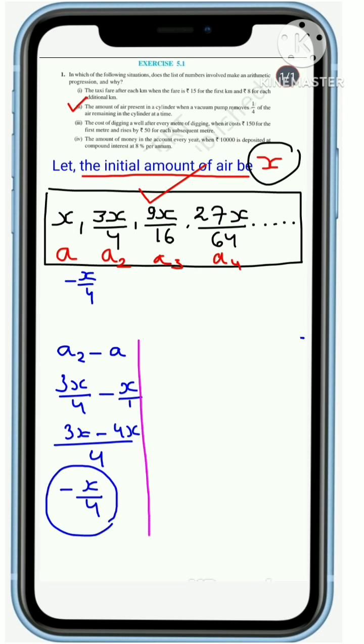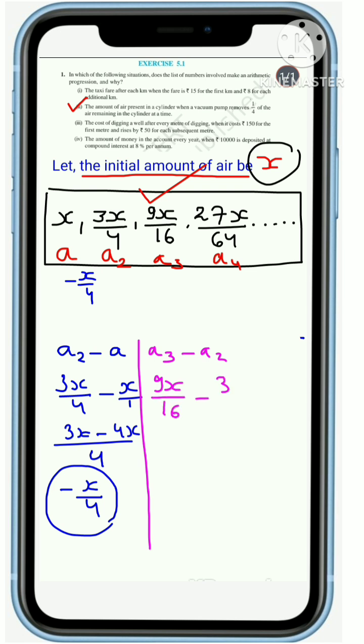Again, difference between A3 and A2. A3 we have 9x by 16.